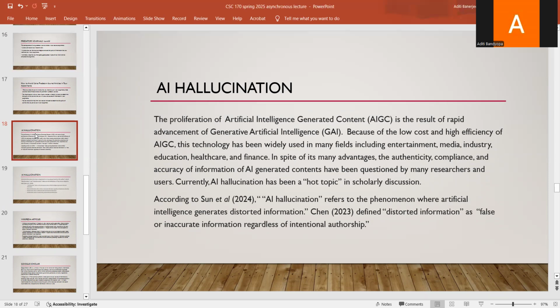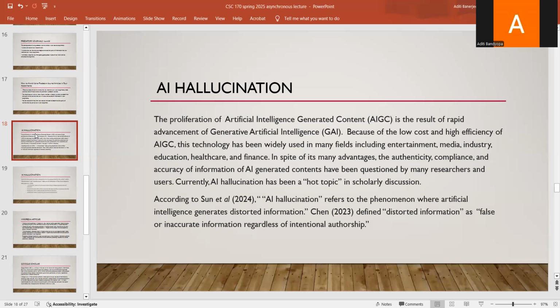In spite of its many advantages, the authenticity, compliance, and accuracy of information of AI generated contents have been questioned by many researchers and users. I read two articles.